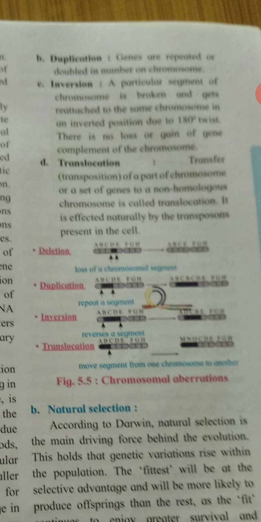Inversion: a particular segment of a chromosome is broken and gets reattached to the same chromosome in an inverted position due to a 180-degree twist. There is no loss or gain of the gene complement of the chromosome. It is the inversion.